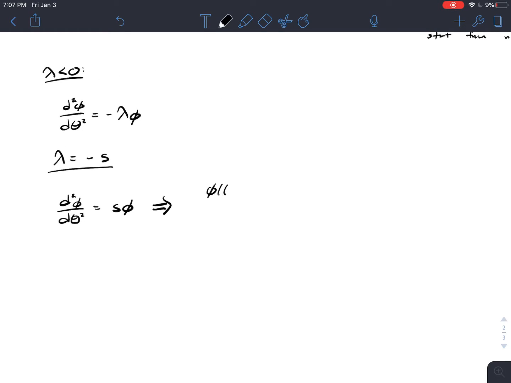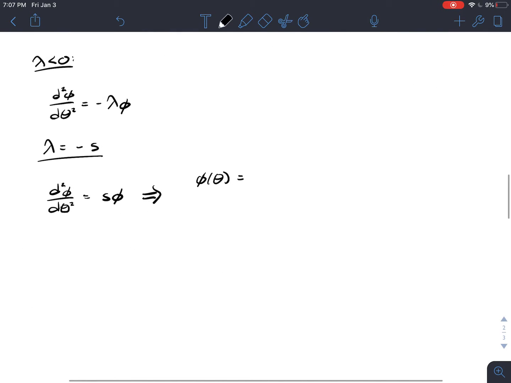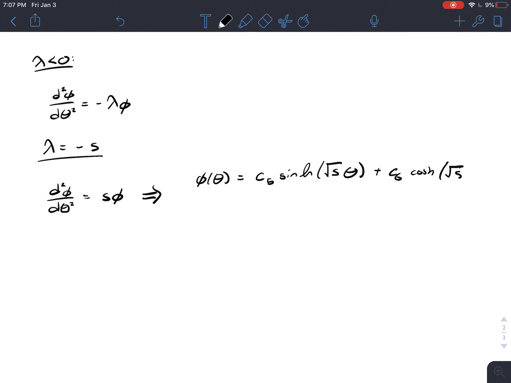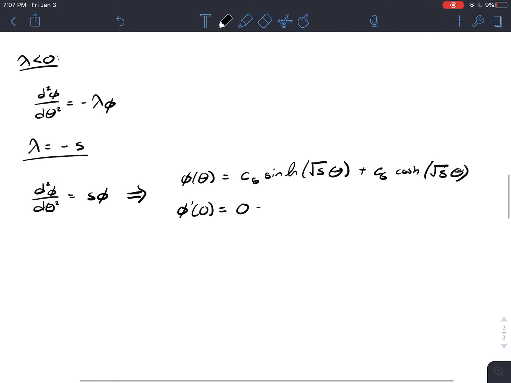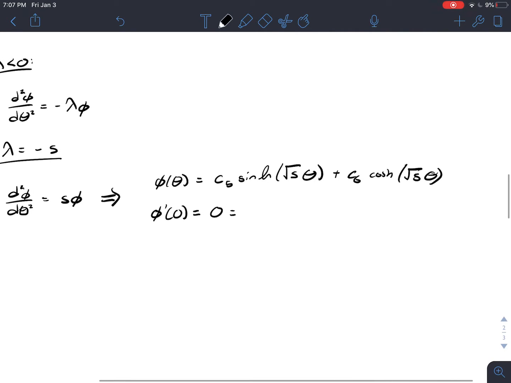Okay, so when we solve this differential equation right here, we get that phi of theta is going to be equal to some linear combination of sinh and cosh. So c5 sinh square root s theta plus c6 cosh square root s theta. And if we plug in our boundary conditions now, the first one being the derivative of phi at 0 is equal to 0.